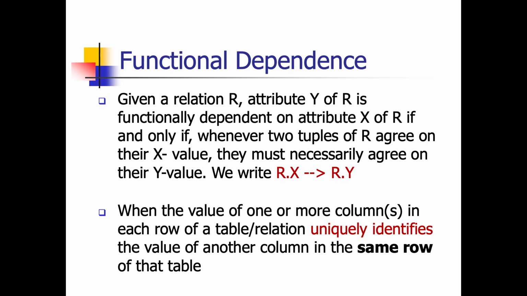So we had 3 types of dependencies, right? We have a full key dependency, then partial dependency, and then transitive dependency.